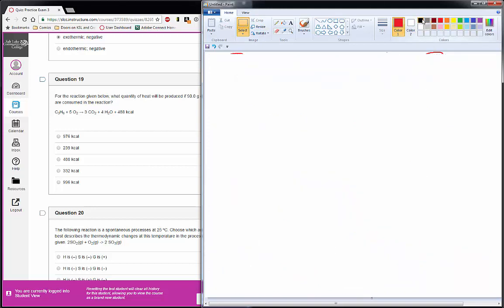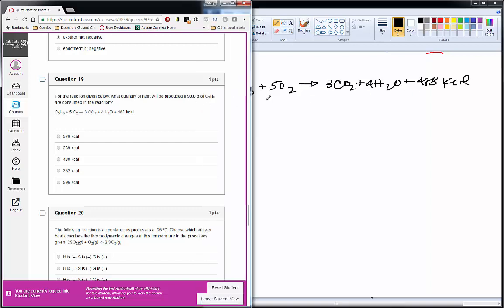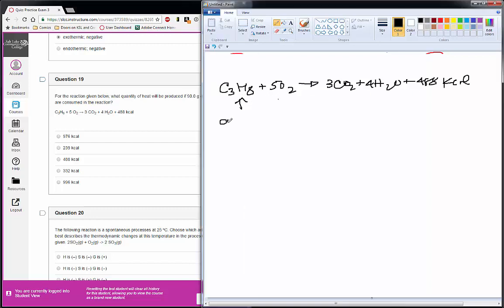Let's see. We have C3H8 plus 5O2 goes to form 3CO2 plus 4H2O plus 488 kcals. And we're doing 90 grams of C3H8. So we'll start there. 90 grams C3H8.